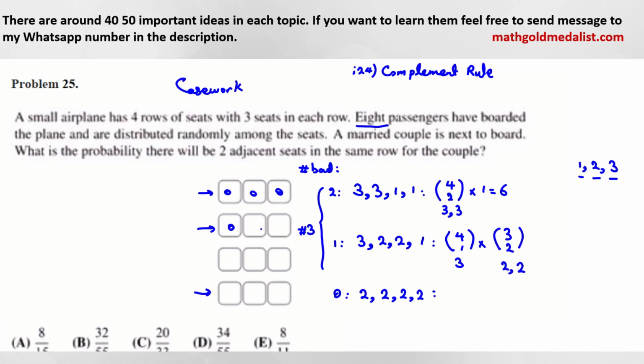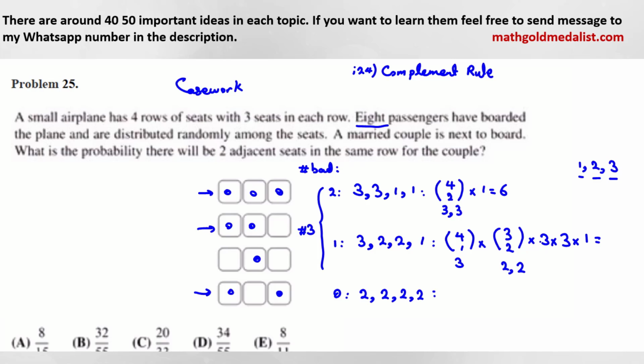Now, when we want to place 2 passengers, it can be here or here or here: 3 cases. So 3 times 3 for this one and this one. Then here we have one passenger, it should be in the middle one, times 1.